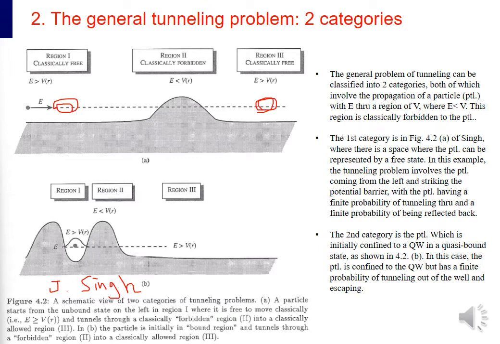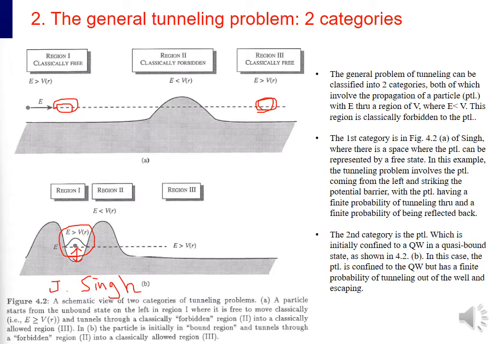And here, region 1, region 2, region 3 are all different. Region 1 is a kind of quantum well, and there's an electron confined there. We have a certain quantum confined energy indicated by this arrow.